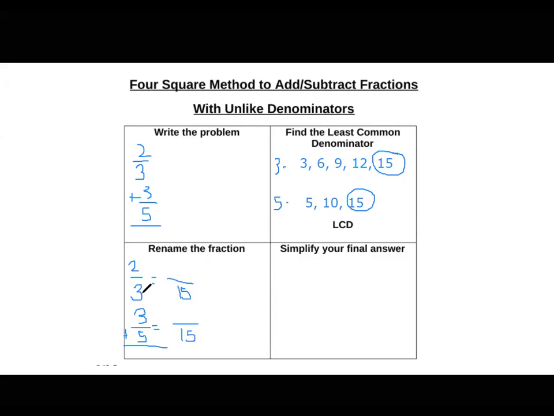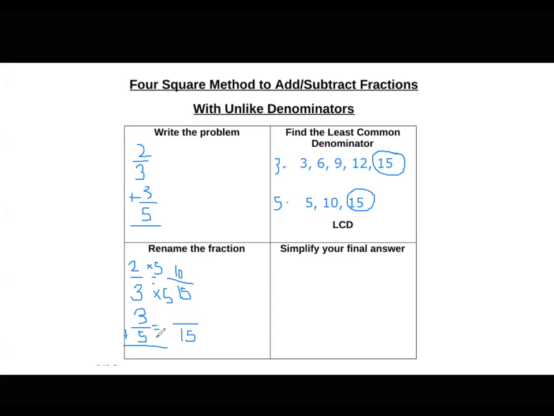We know that 3 times 5 is 15. Since we multiplied our denominator by 5, we want to make sure we multiply our numerator by 5. And 2 times 5 equals 10. So 2/3 is equal to 10/15.